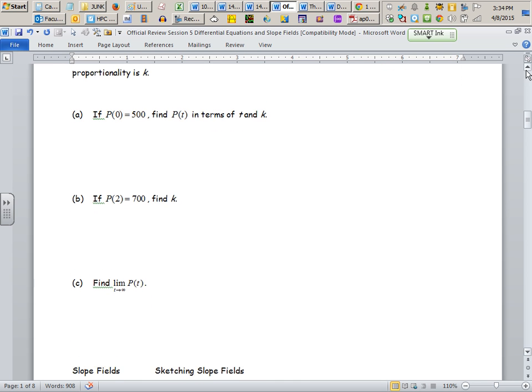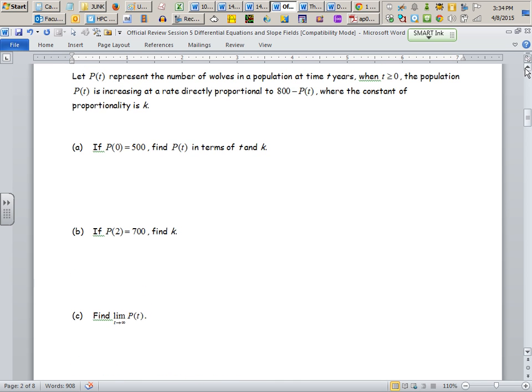This is a perfect segue into this problem. This is talking about wolves in a certain environment, and it doesn't say that it's logistic growth, but you would expect if you threw wolves into an environment, the population would grow according to logistic growth. Let's see if we can make sense of the sentence and write the diffEq. That's not even part A yet, but can you write a diffEq first?